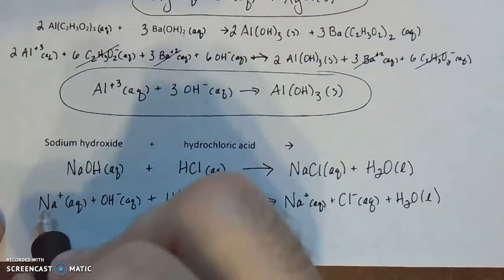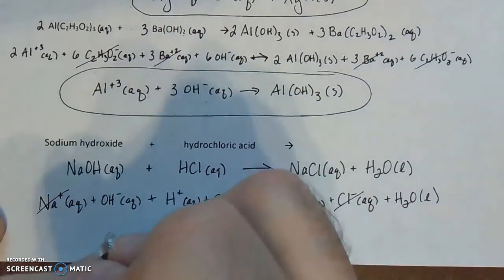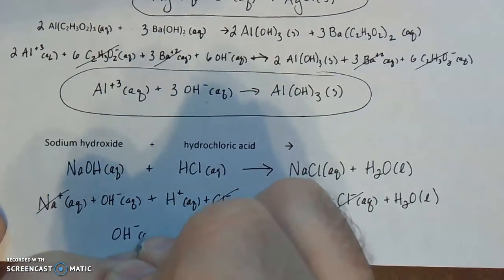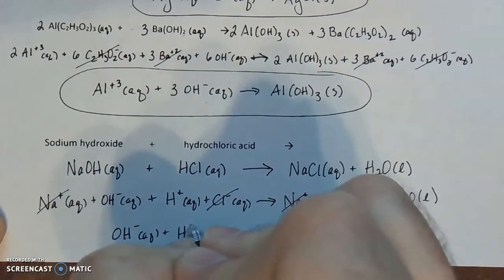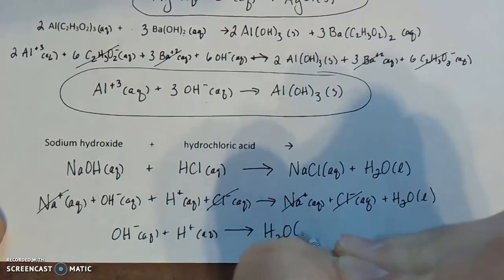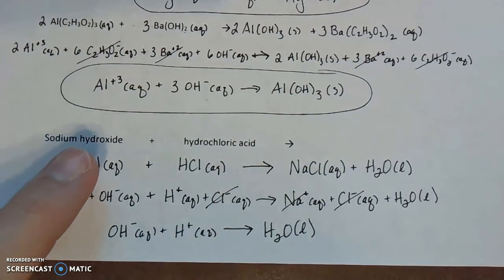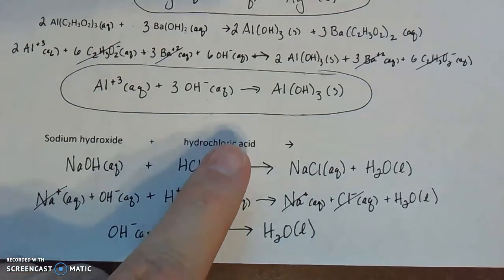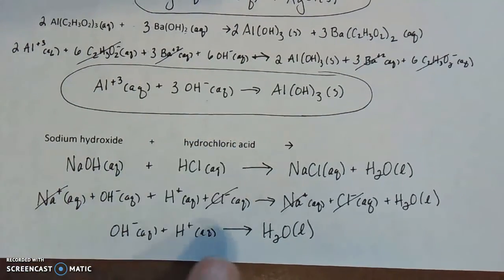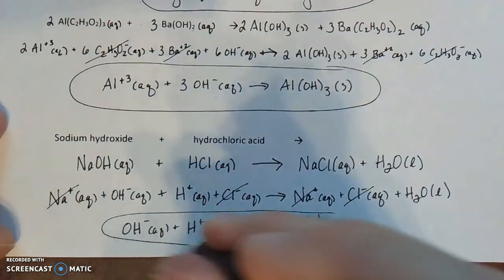So we cross out our spectator ions, and we're left with OH- AQ plus H+ AQ yields H2O liquid, which is just the formation of water. Any time we have a strong base reacting with a strong acid, it's going to have the same exact net ionic equation, this one right here.